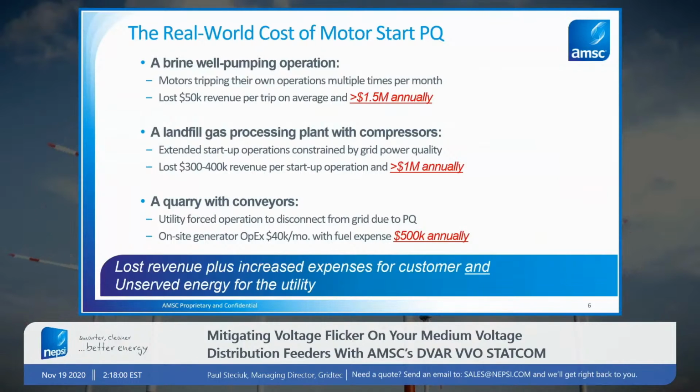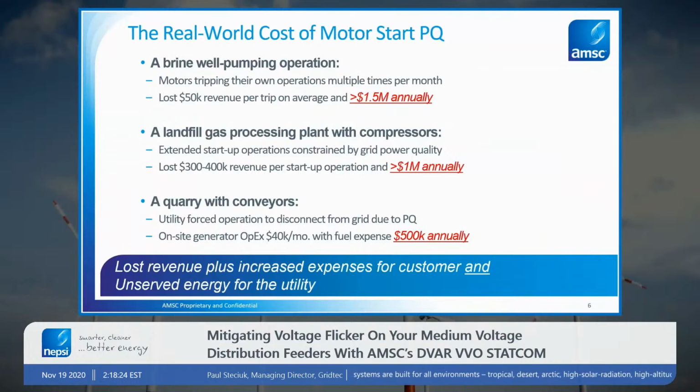Another example is a biogas processing plant. This was a landfill processing the methane from the landfill, refining it into natural gas. Every single time that process started, the utility required them to manage the VARs so it would not have an impact on their system.